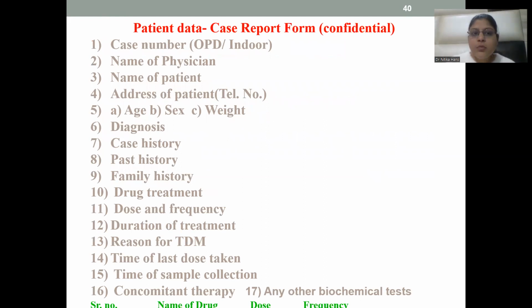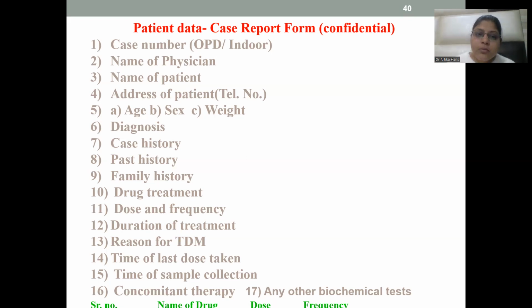So this is the case report form. In this, we put the case number, name of the physician, name of the patient, address of the patient, age, sex, weight, what is the diagnosis of the patient, what is the case history, the past history, the family history, what is the drug treatment the patient is getting, the dose and the frequency of that drug, and the duration of the treatment.